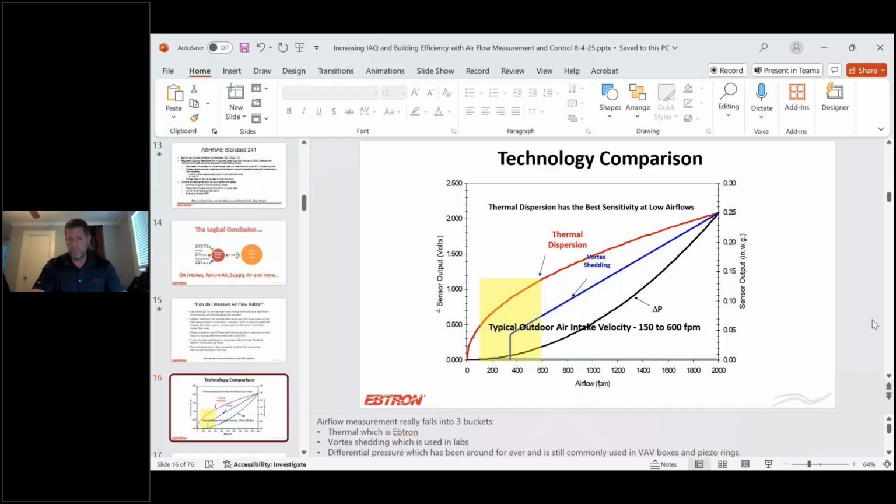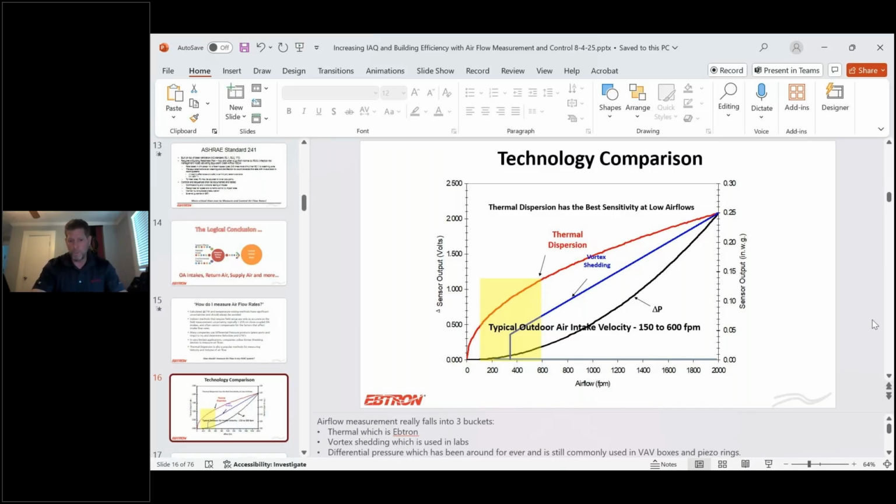Thermal dispersion by design actually becomes more sensitive at the lower velocities. As heat disperses off the thermistor, whatever kind of thermistor is being used, the lower the velocity, the easier it is to measure the heat differential and the current change in the thermistor.